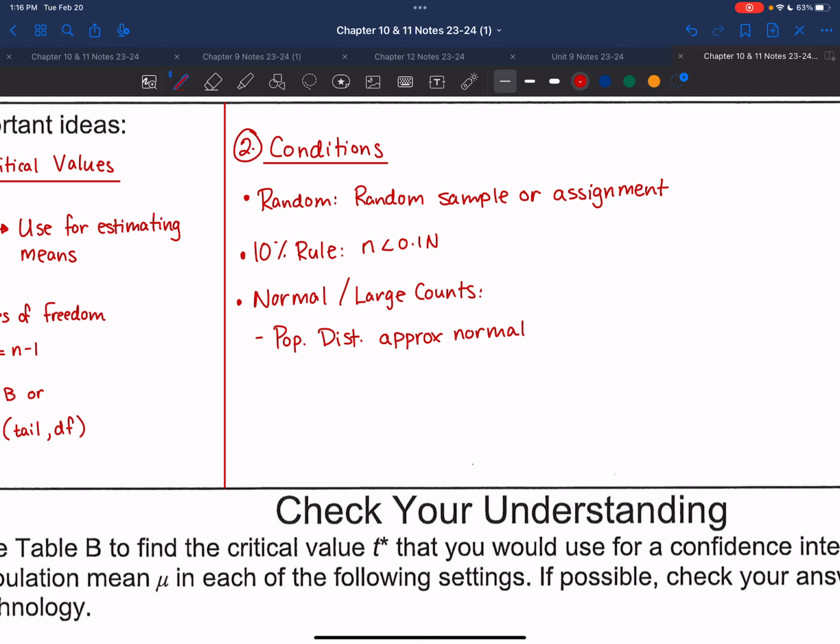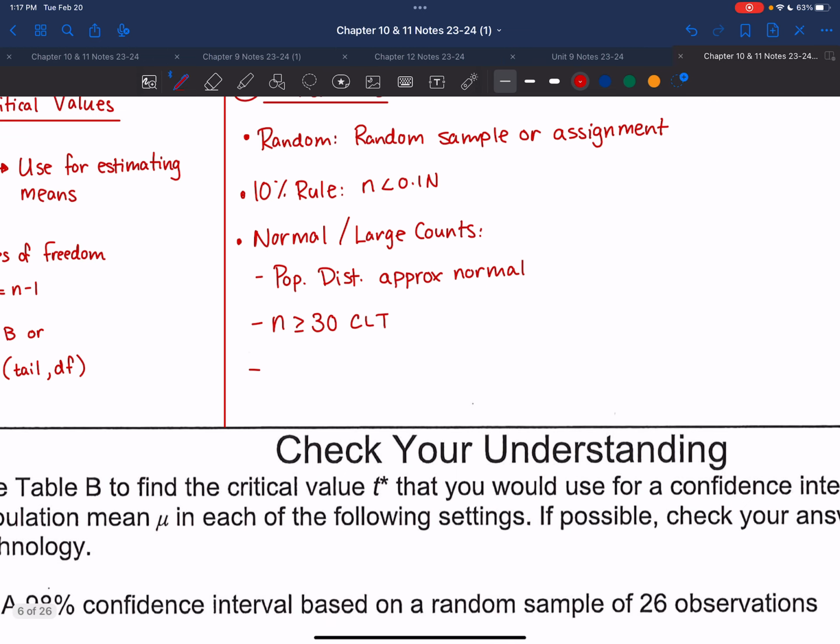Done. Another way is to show that your sample size is greater than or equal to 30. This would be your central limit theorem. Or you can show that the sample data shows no strong skewness or outliers.